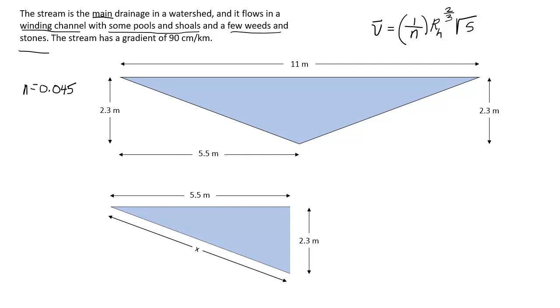Okay, let's do the next easy one here, the slope of the stream. The slope is a dimensionless number that is the fall divided by the distance. In this case, it's got a gradient. It loses 90 centimeters per kilometer. Now, these are not in the same units, so we have to put them in the same units to calculate the dimensionless slope. 90 centimeters is the same as, if you remember, there are 100 centimeters per meter, 0.9 meters per kilometer, which is 1,000 meters.